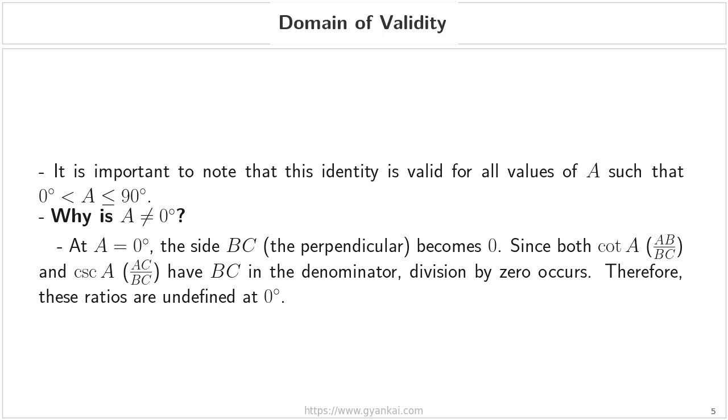In both of these ratios, the perpendicular, or BC, is in the denominator. If we try to plug in 0 for BC, we end up attempting to divide by 0, which is mathematically impossible. Therefore, at 0 degrees, these specific trigonometric ratios are undefined, making the identity invalid at that exact point.